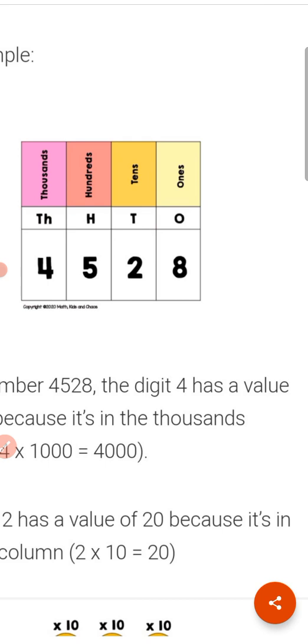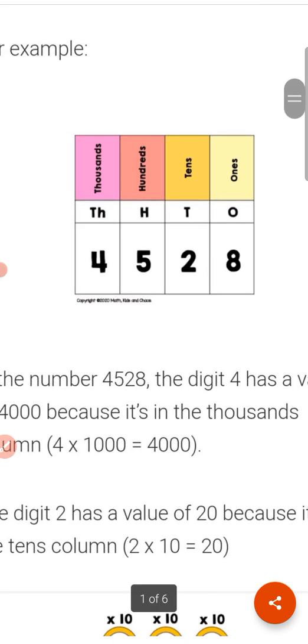Here, a 4-digit number is given. The number is 4528.